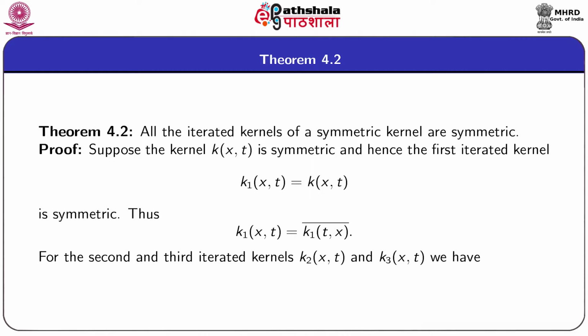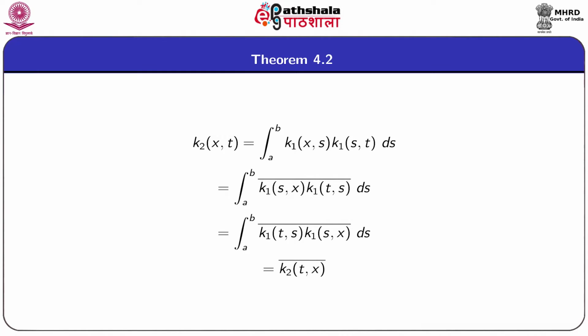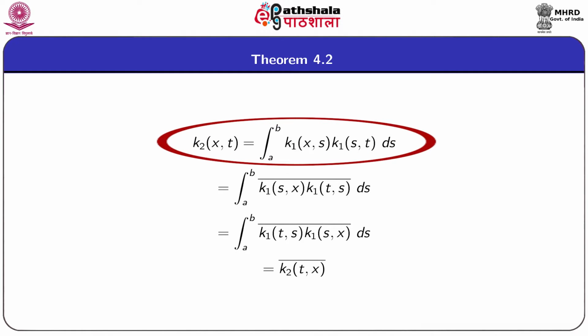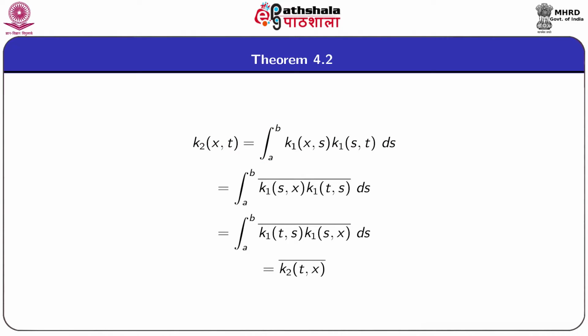Next we come to the second iterated kernel, K2 x t. This is given by integral a to b K1 x s into K1 s t ds.